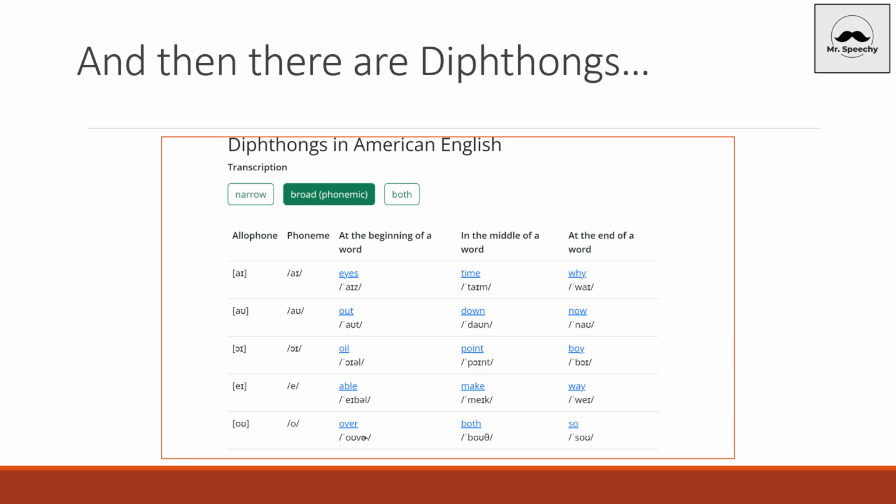And then there are diphthongs. So these are still considered vowels, but they are a special vowel. It's almost as though you have two different vowels meshing into one. So for example, you have I, ow, ow, ow. That's a diphthong.